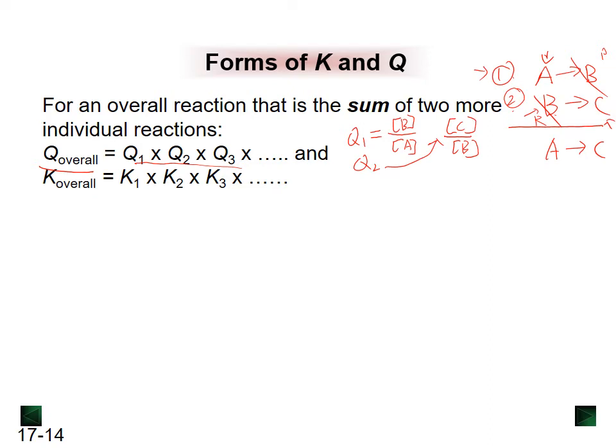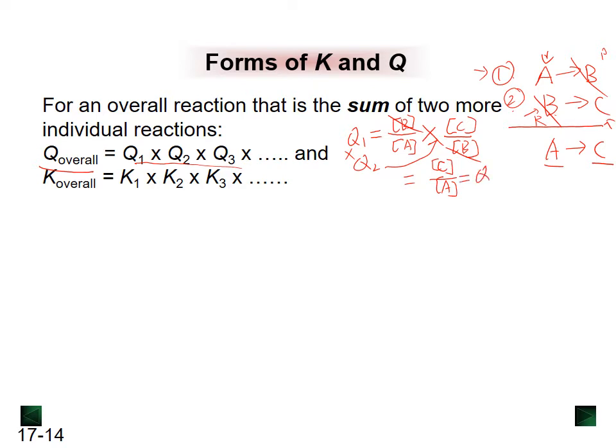If you multiply Q1 times Q2, you can see B, as an intermediate, cancels out. One is a reactant, one serves as a product, so they cancel each other, and that gives you C divided by A. This is exactly the product of the overall reaction divided by the reactants of the overall reaction, and that is the Q for the overall reaction.